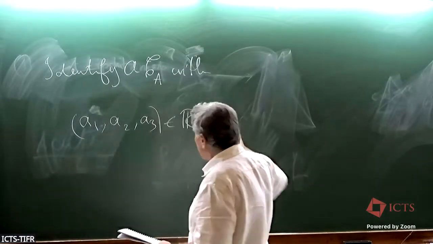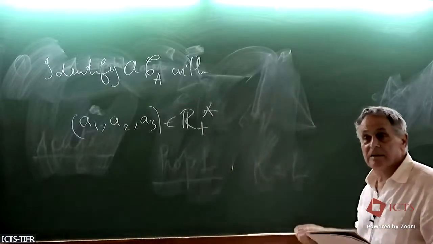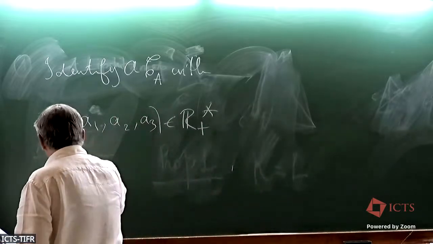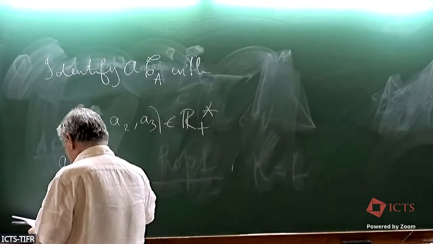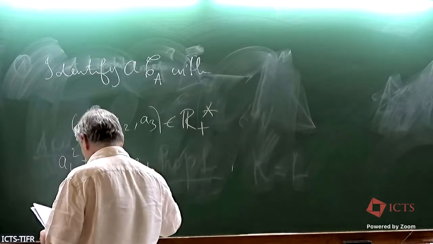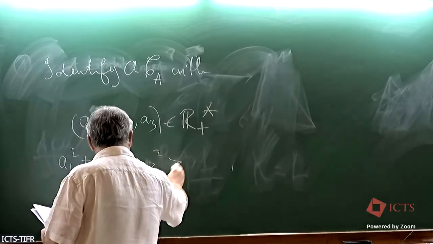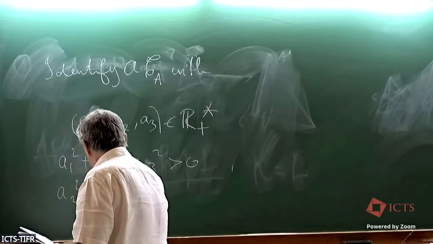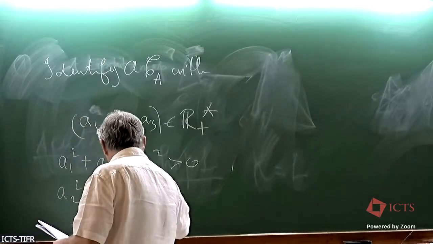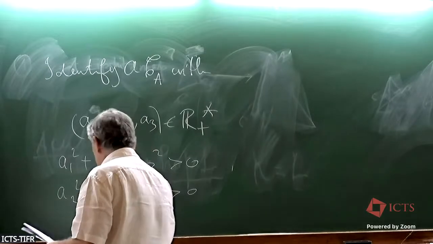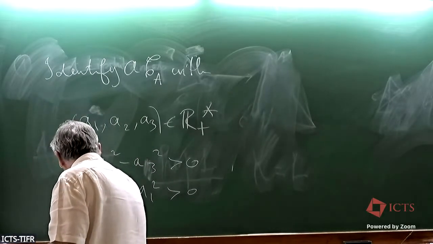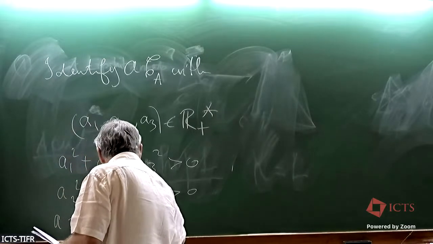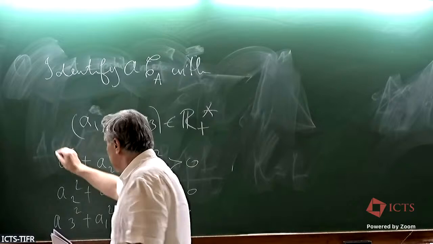So now I'm following my notes, okay? These are the lengths, these are the edge lengths, where A1 square plus A2 square minus A3 square is positive, A2 square plus A3 square minus A1 square is positive, and A3 square plus A1 square minus A2 square is positive.